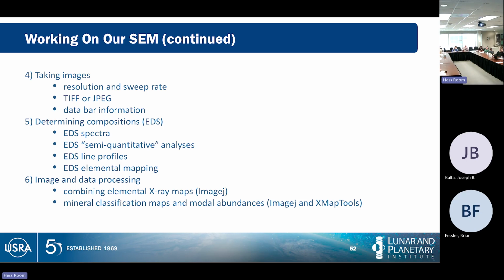You then select, do we want output as a TIFF file or a JPEG file or something else? So image compression is a detail on there. You can also often select on an SEM, do I want the full frame or do I want a data bar at the bottom? If I'm stitching together 80 images on a single slide, I don't want a data bar at the bottom because that will block my ability to stitch things together.